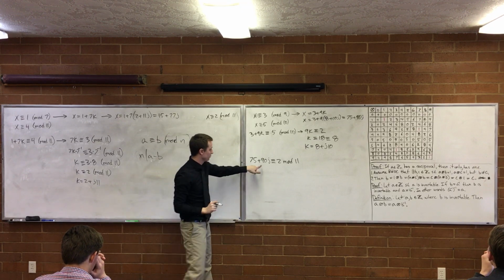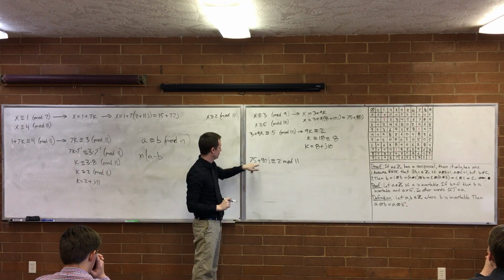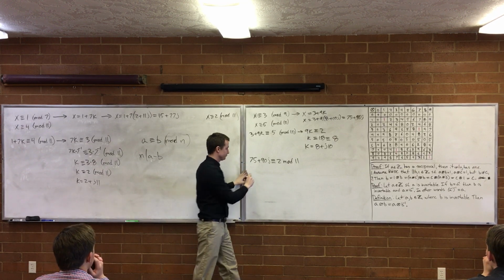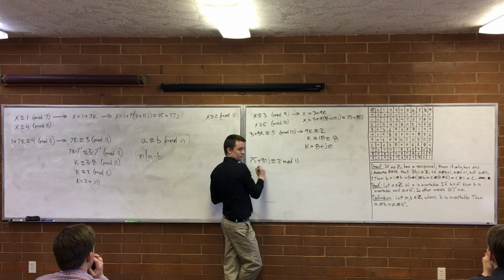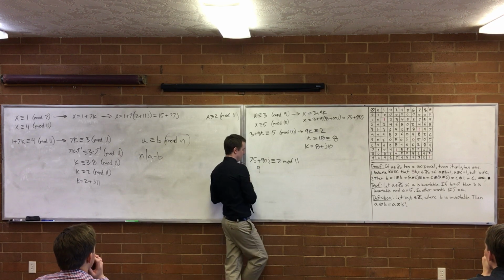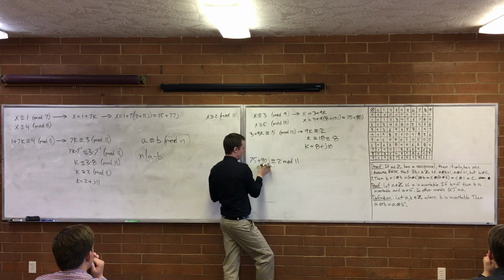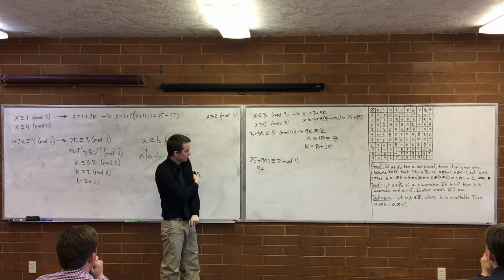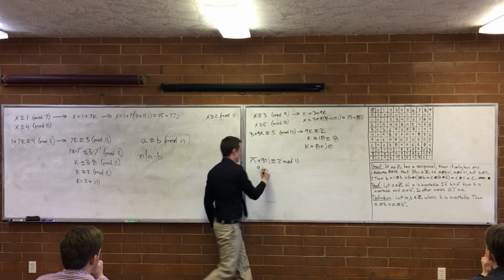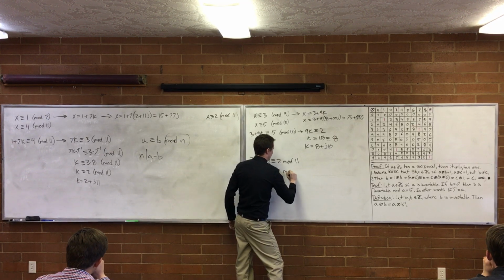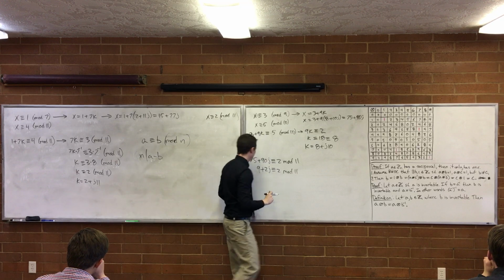Now let's clean up these numbers real quick so that we can make it more usable. What is 12 mod 11? 1. Yes, 1 plus, what's 90 mod 11? 2. 2j is congruent to 2 mod 11.